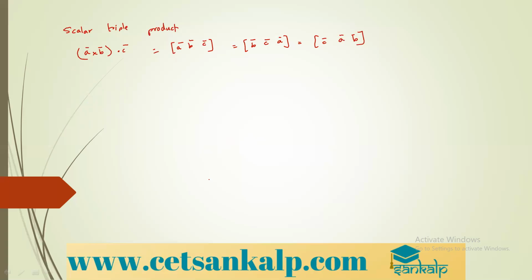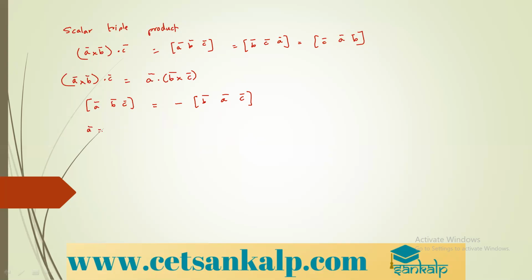Regarding the scalar triple product, a cross b dot c is same as a dot b cross c. And box abc is minus box bac if the order is changed.